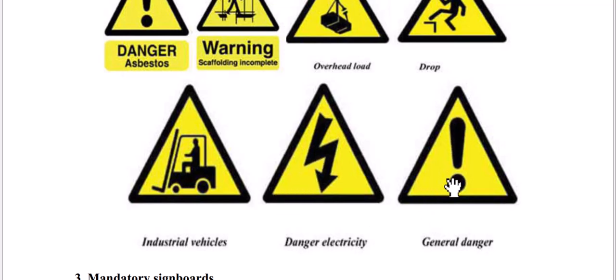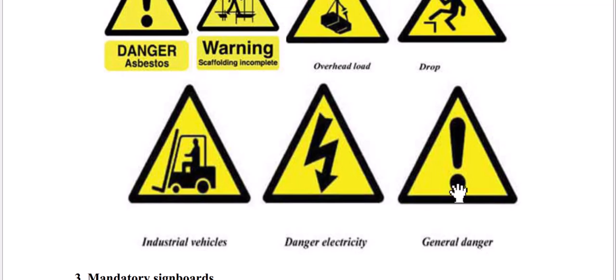We have this sign, which is a general danger. That means it is not specifically showing any precautions, but it is telling you that at this place you should be very careful, even of what is not mentioned. It may be electricity danger, dropping, overhead load, or industrial vehicles, but be careful.